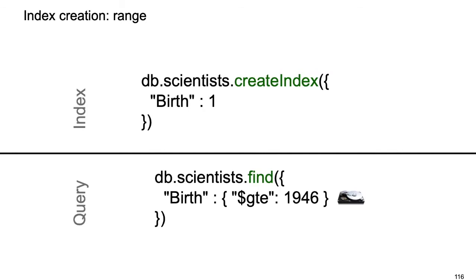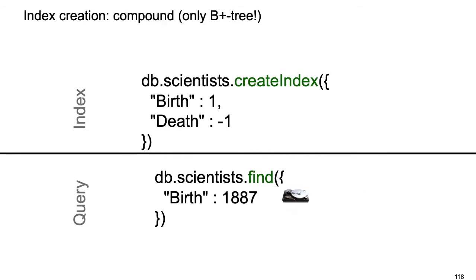This is again what we're comparing with as the base case is the full scan, okay? So with the index, we are only reading the part of the collection that comes after 1946. We don't even touch the rest of the collection. We might also have post-filtering, which is fine as well, right? So we use the birth index for querying some of them, and then we post-filter on the other fields.